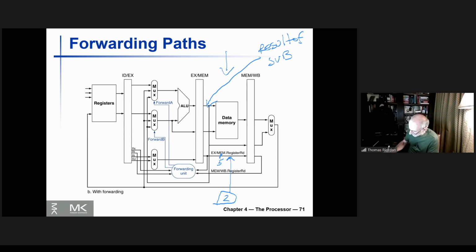And at the same time, the instruction after the subtract, which is the AND, will be sitting here, wanting to AND R2 and whatever the other register was.